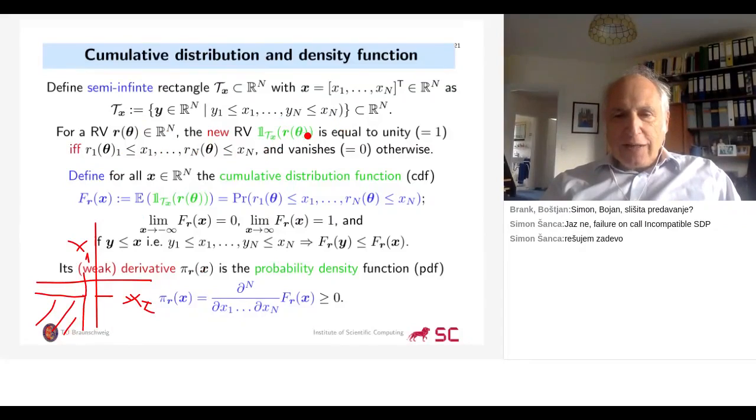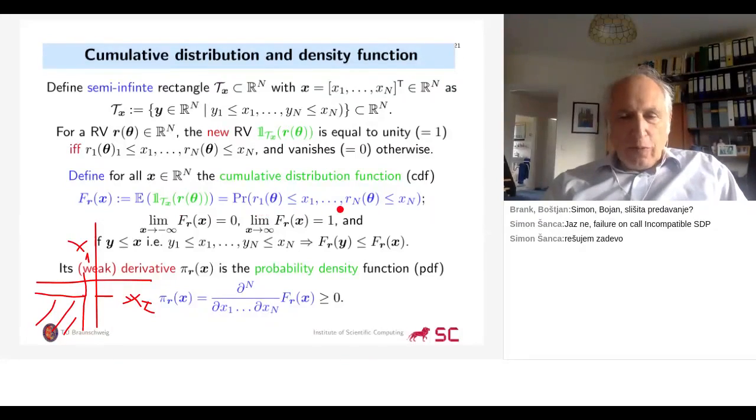Then we take as argument this random variable. So this function produces a 1 if the random variable is inside this rectangle and 0 otherwise. This is how we did it before with a semi-infinite interval. Now we have a semi-infinite rectangle here. And now we define the cumulative distribution function to be just the expected value of this random variable.